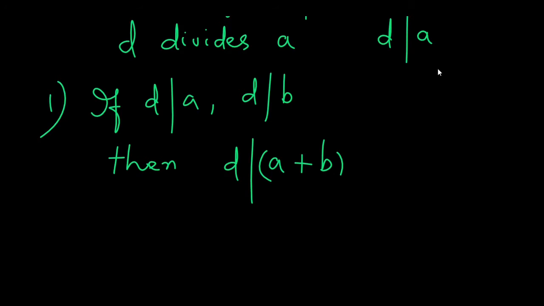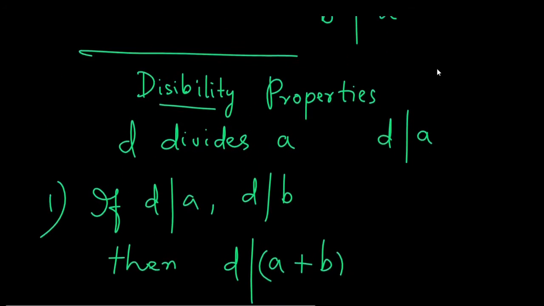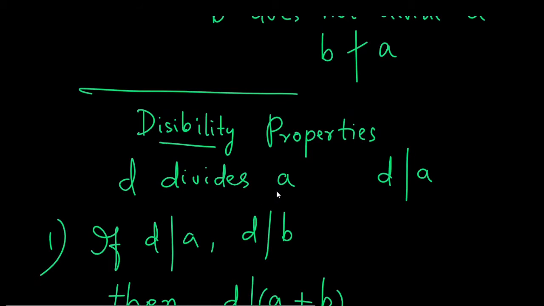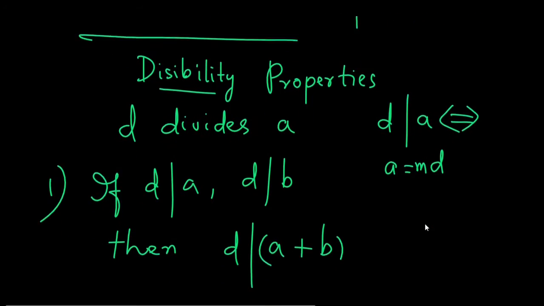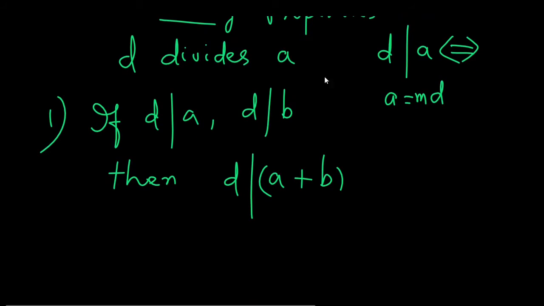Here we can see the definition. D divides A means A can be written in terms of D into some M or say Q. So how can we prove it?